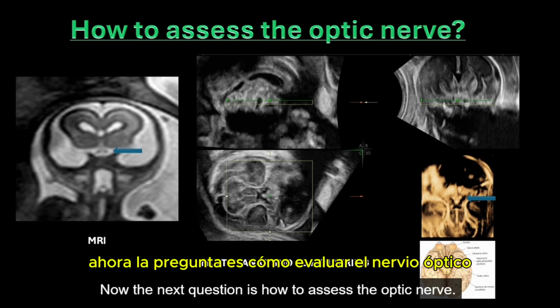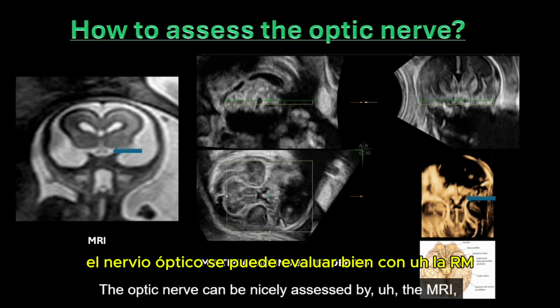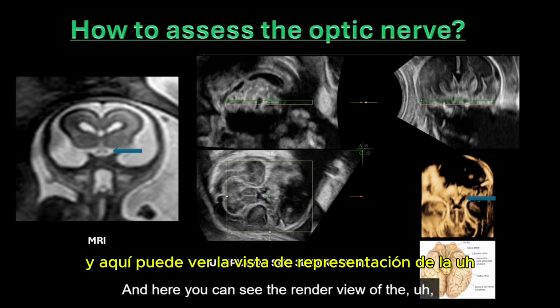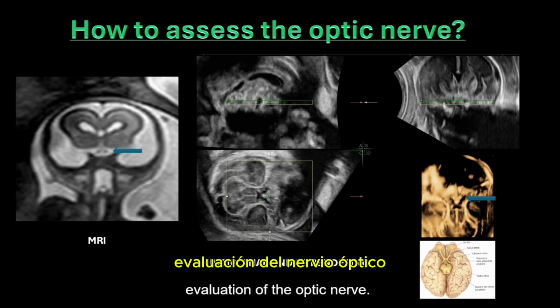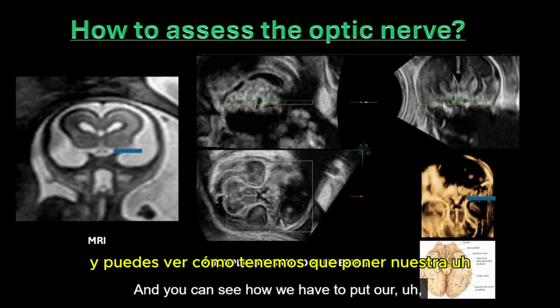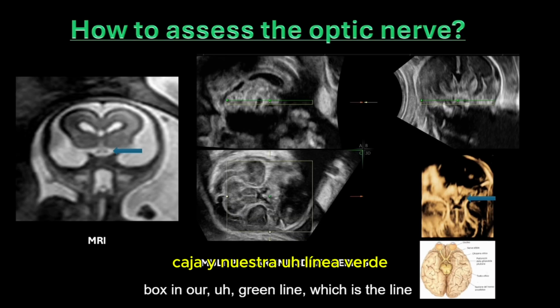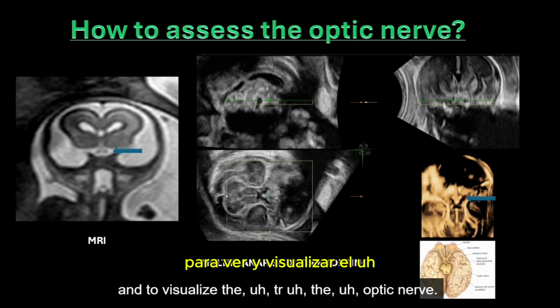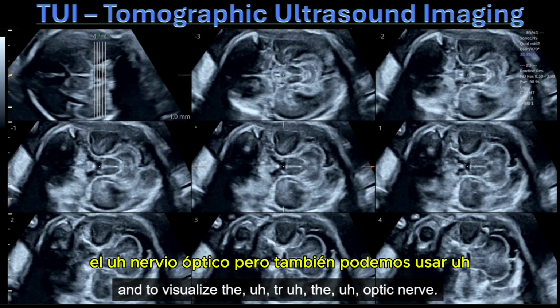Now the next question is how to assess the optic nerve. The optic nerve can be nicely assessed by the MRI, as you can see here, but we can also use 3D imaging, and here you can see the render view of the evaluation of the optic nerve, and how we have to put our box and our green line, which is the line of interest, to visualize the optic nerve.